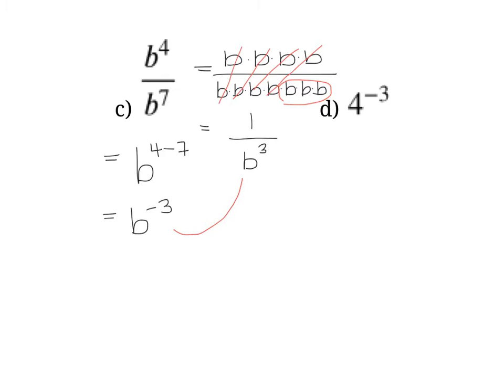So that means that b to the power of -3 is the same thing as 1 over b to the power of 3. So what's a shortcut? How can we get from here to here? Well, they have something in common, which is actually they're the same fraction. What I mean by that is this is the fraction 1 over b. This one doesn't look like it's a fraction, but can we make this guy into a fraction?